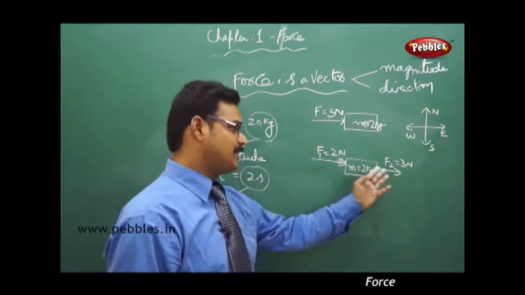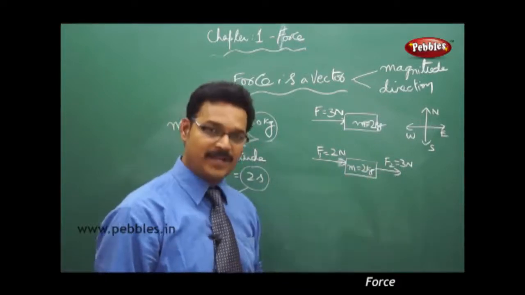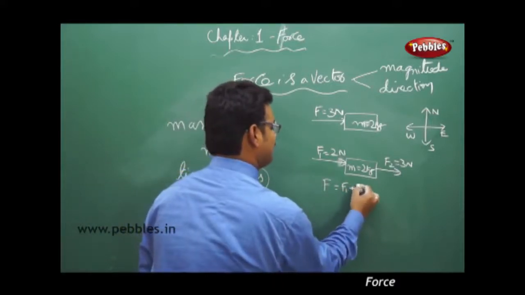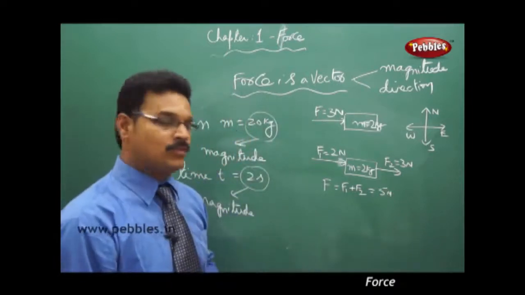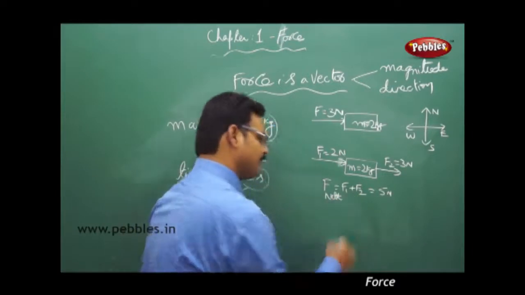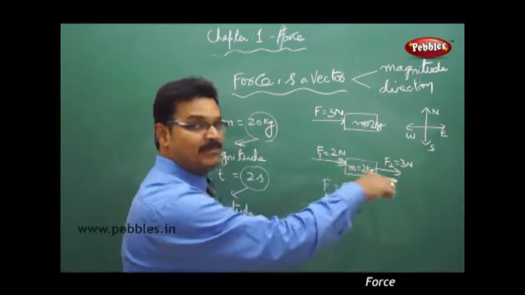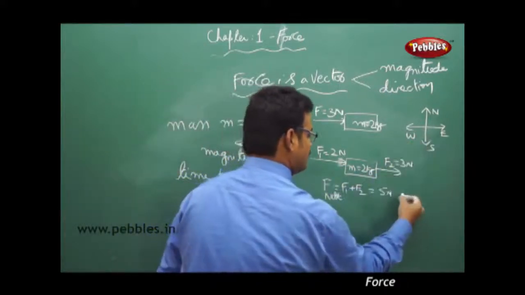As both arrows are in the same direction, the resultant force F equals F1 plus F2, which is 5 newtons. So the magnitude of the resultant force, also called net force, is 5 Newton. Now what is the direction? As the two forces are in the same direction, it is towards right or towards east. So direction is east.